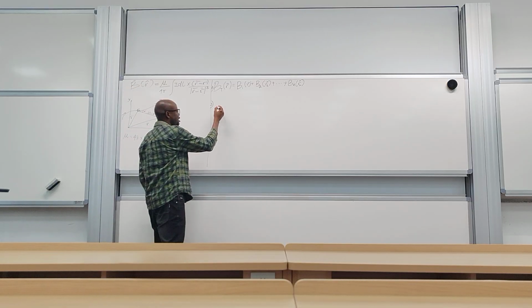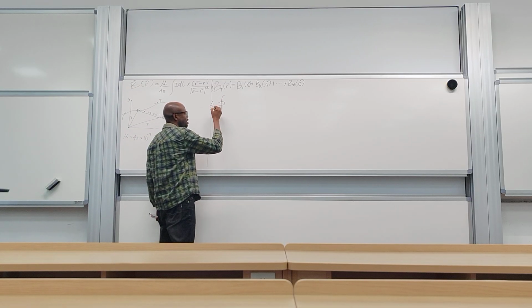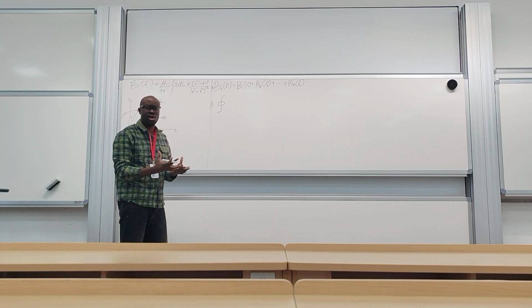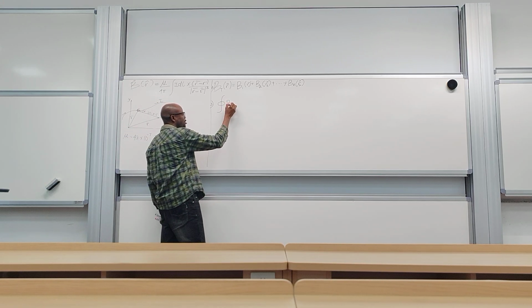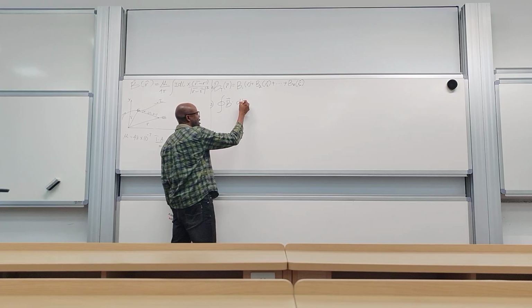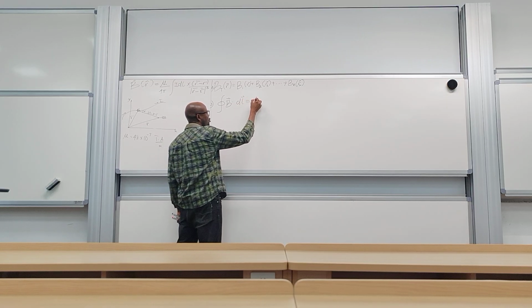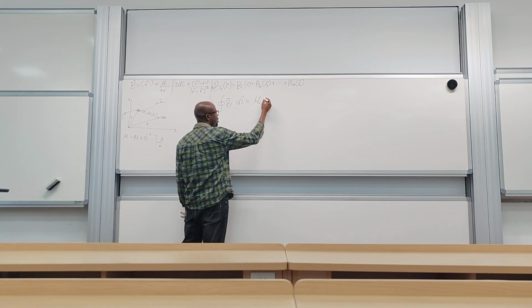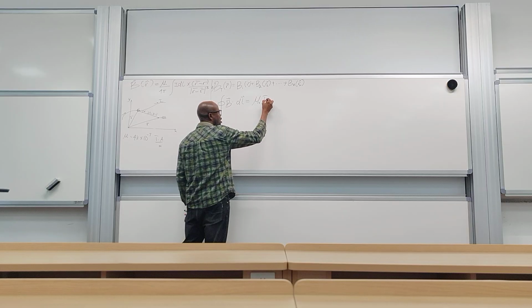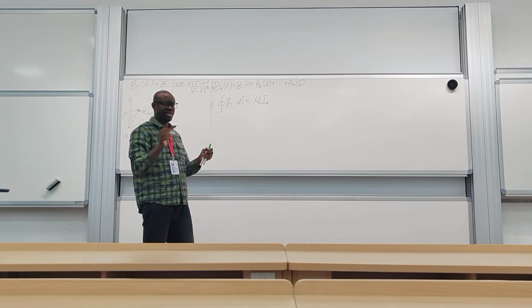It says that if we are able to construct an imaginary closed loop, we call it an Amperian loop, then the integral of the magnetic field dotted with the elemental length is equal to mu naught, the permeability of free space, times the current enclosed within that surface.